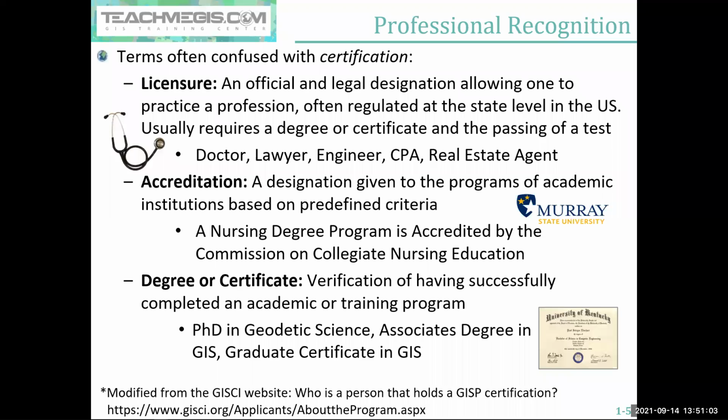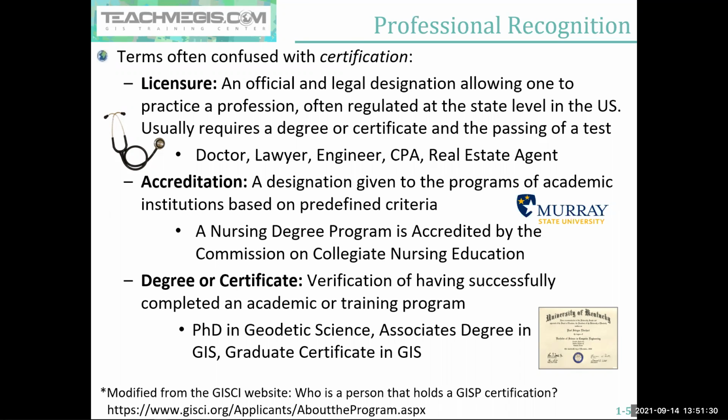An accreditation is a designation given to the programs of an academic institution based on predefined criteria. For example, the nursing degree program at Murray State University is accredited by the Commission on Collegiate Nursing Education. So an accreditation is not given to a person, it's given to a program at a school or an institution.